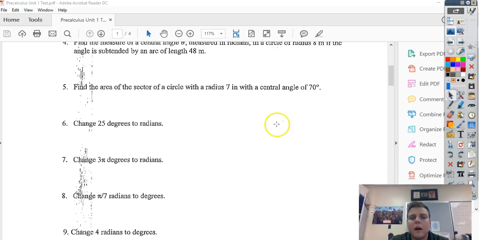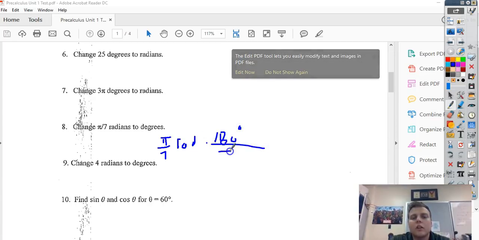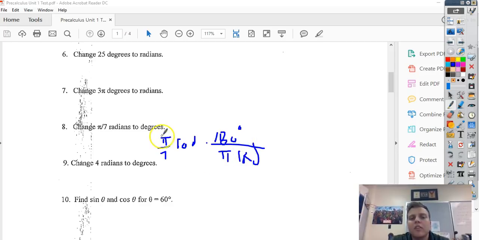Let's try problem number 8. Problem number 8 says change pi over 7 radians to degrees. So now we're going the other way. I want to say pi over 7 radians times 180 degrees over pi radians. This time, since I have a pi both in the numerator and in the denominator, they can cancel out.